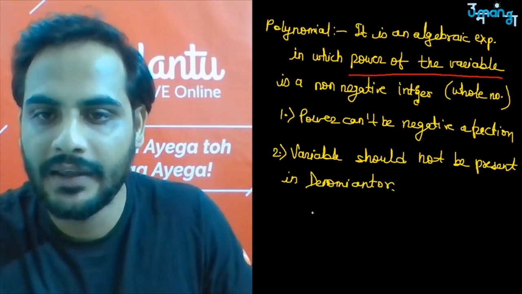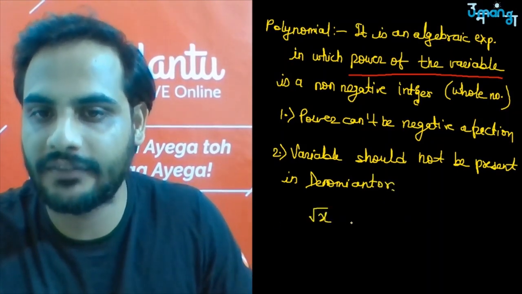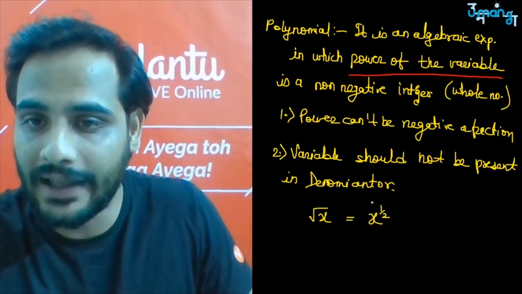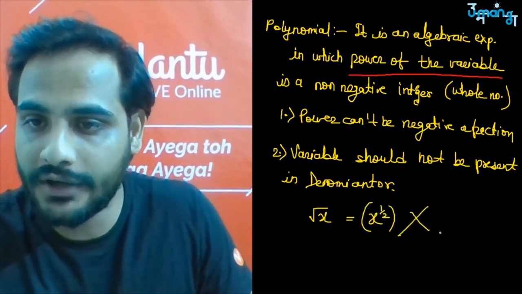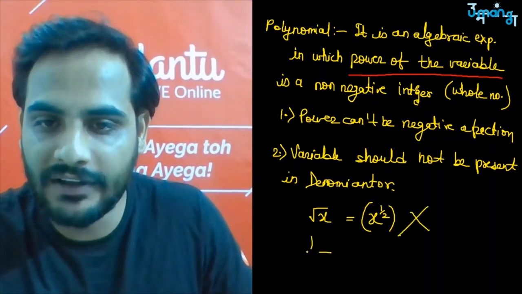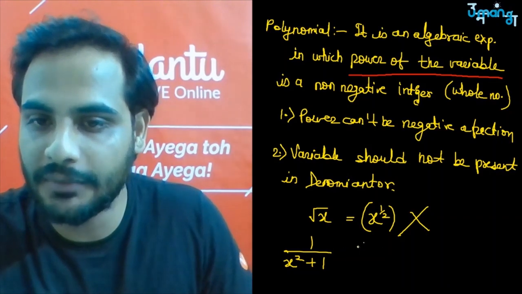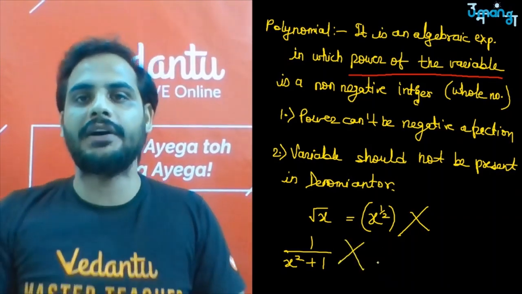For example, the square root of x means x raised to the power half, so it is not a polynomial. If I write 1 by x square plus 1, here the variable is present in the denominator, so it will not be a polynomial.